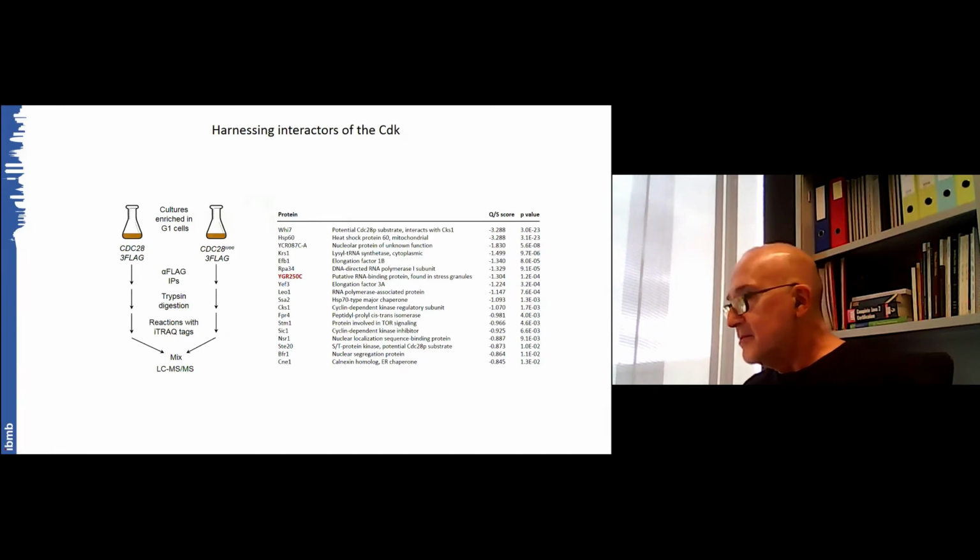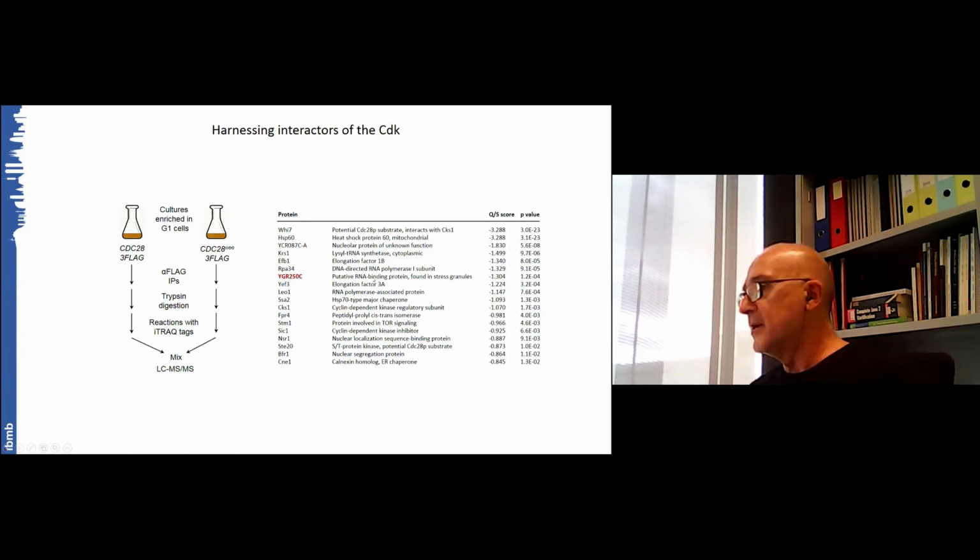And among the candidates, we initiated our work with V7. I will not talk about this because this has to do with the retention mechanism itself. But then Galal, who was the one who did this part of the work, noticed that there was another candidate that could be interesting. That was a putative RNA binding protein.